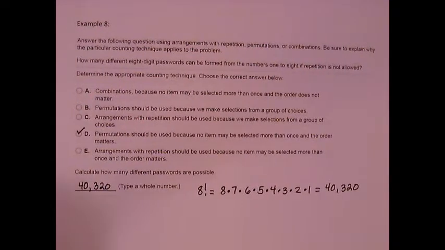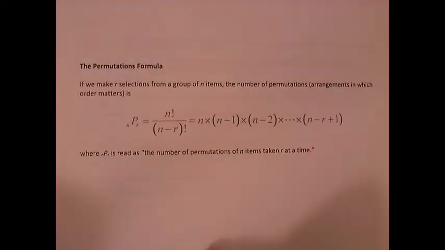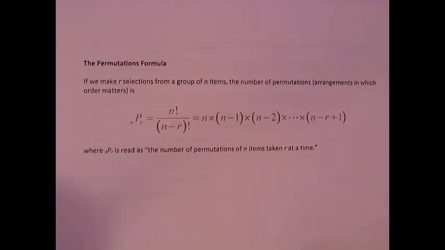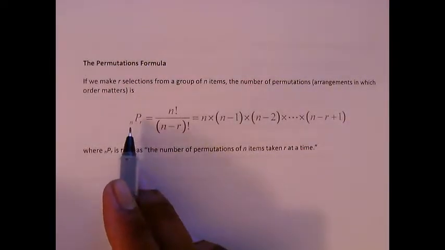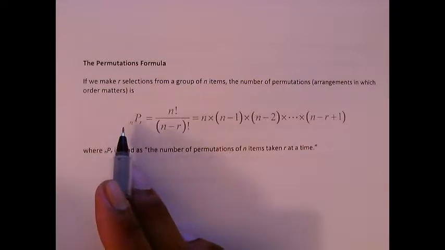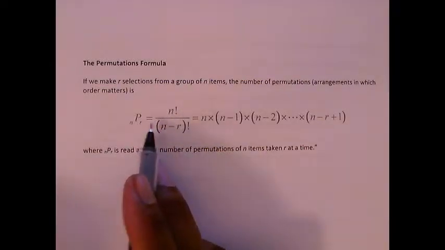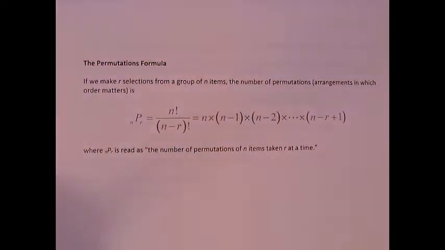Okay, now let's look at our permutations formula. This is where you make r selections from a group of n items. The number of permutations or arrangements in which the order matters is going to be this. The notation for that will be nPr. So here nPr is going to be equivalent to n factorial divided by n minus r factorial.